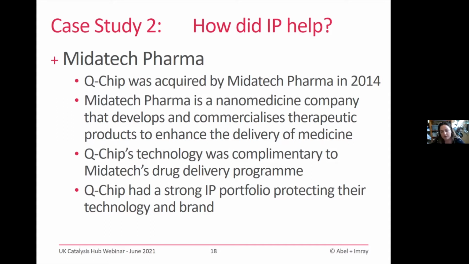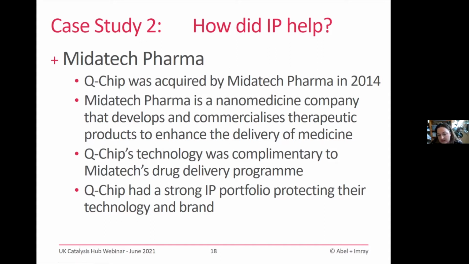So overall, I think the advantages for the acquiring company of having this strong intellectual property portfolio was that they were reducing their risk, and they could assess what ways competitors could work around patents, for example.